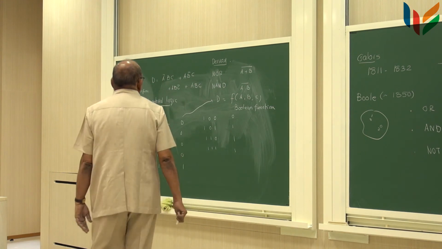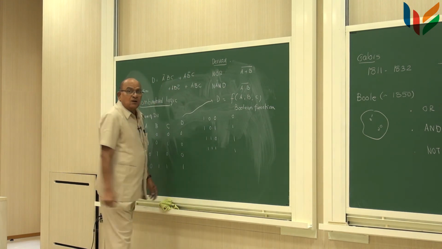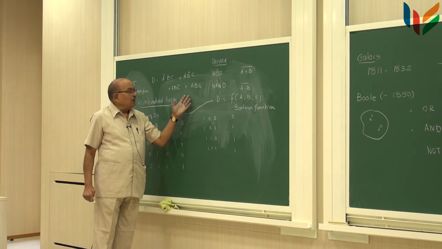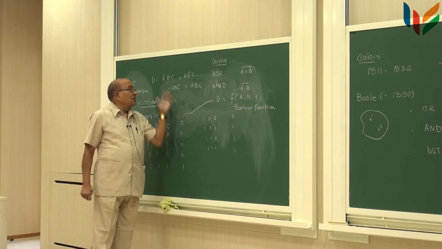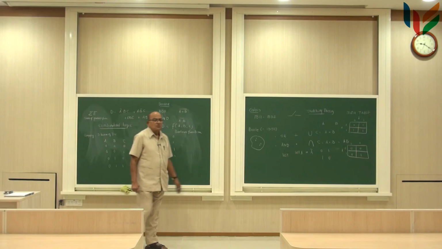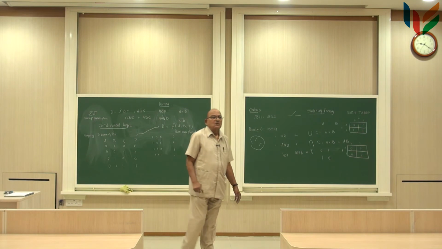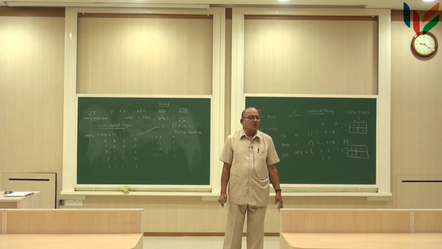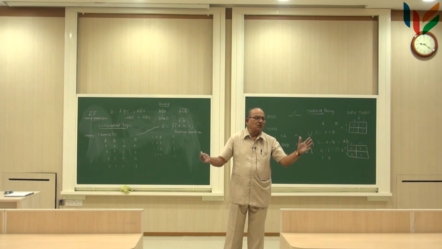Now, two questions come to your mind. Is this the only representation? Are there many other possibilities of expressing D in terms of A, B, C through another Boolean function? What is your answer? Because I am only talking about the input-output relationship.